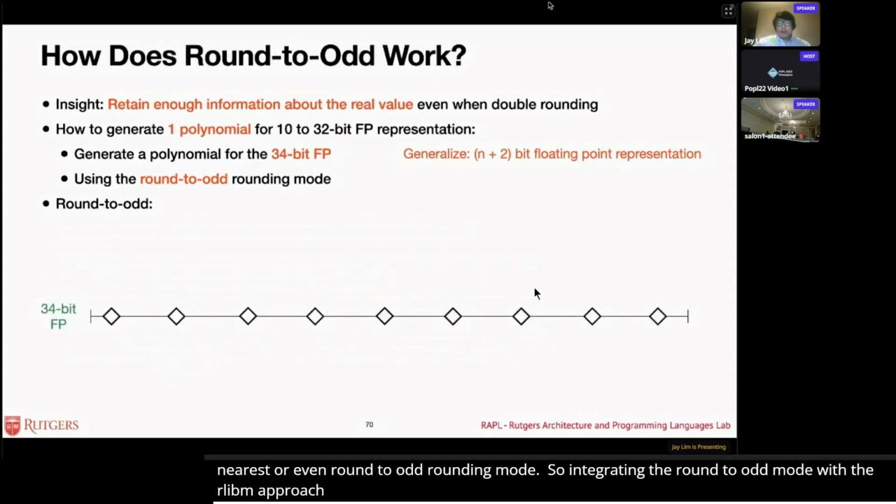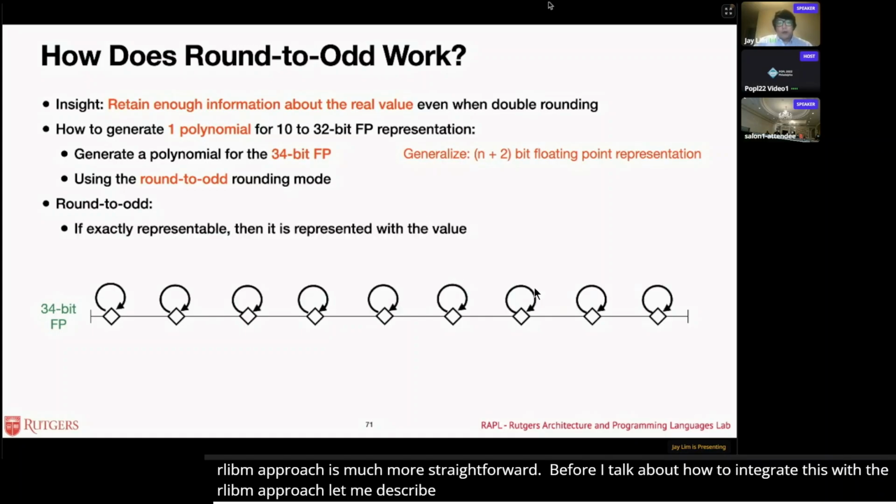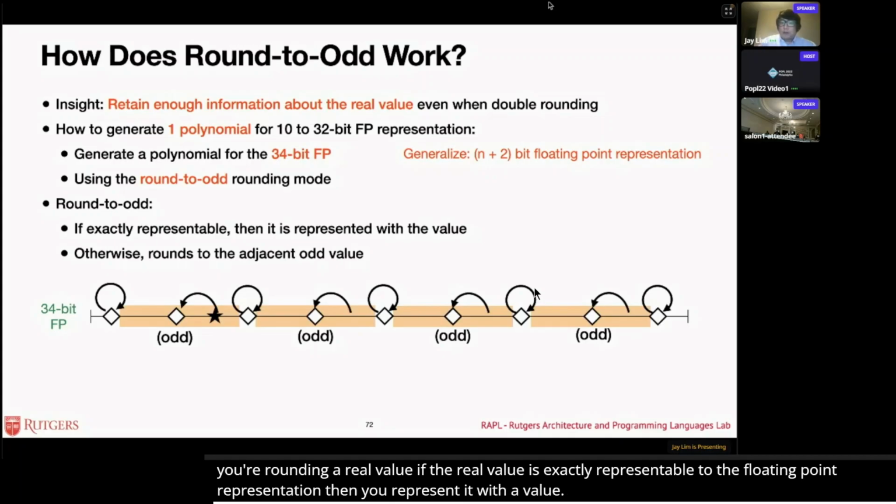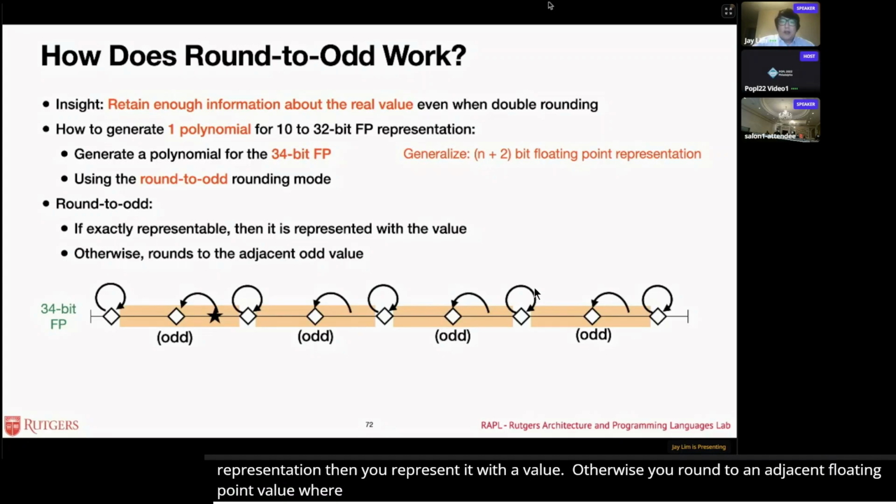Now, before I talk about how to integrate this rounding mode with the RLibm approach, let me first describe what the round to odd rounding mode does. In this rounding mode, when you're rounding a real value, if the real value is exactly representable in the floating point representation, then you represent it with that value. Otherwise, you round it to the adjacent floating point value whose bit pattern is odd when you represent it as an integer.